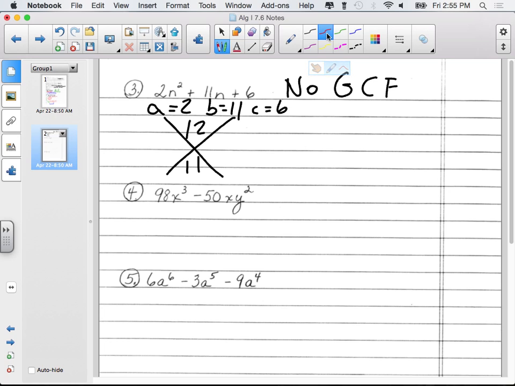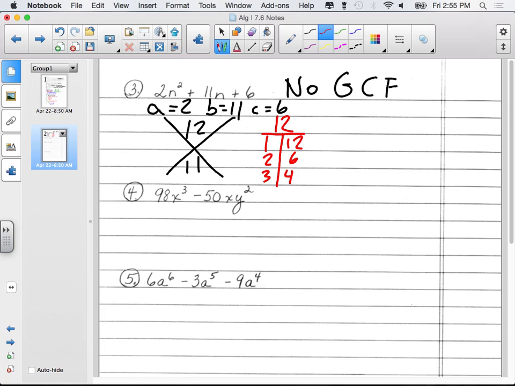Since I know that for a lot of students, this is the hardest part, finding the numbers, one way that you can do this is, here we have 12. What are pairs of numbers that multiply to 12? 1 and 12, 2 and 6, and 3 and 4.